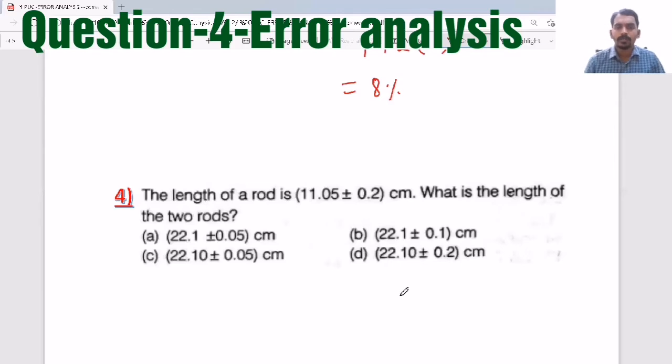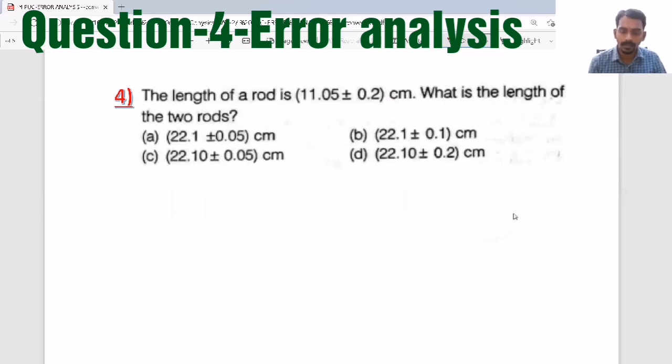Now one question based on addition, I think. They have given the length of one rod: 11.05 plus or minus 0.2. This is the value, and this is the error, which is nothing but delta L. What is the length of the two rods? The length of the two rods means L plus L, so addition.